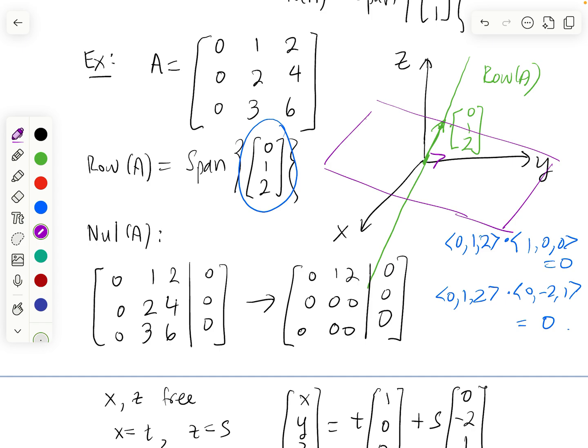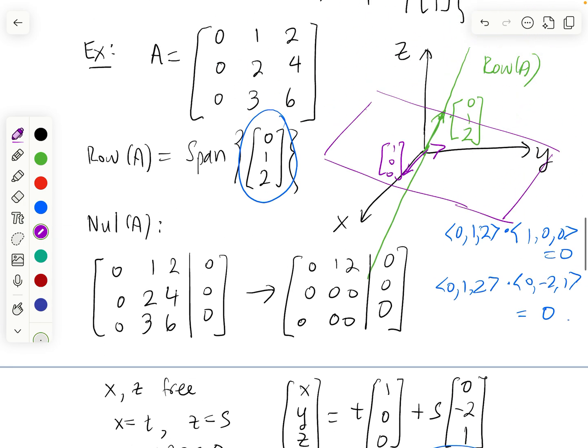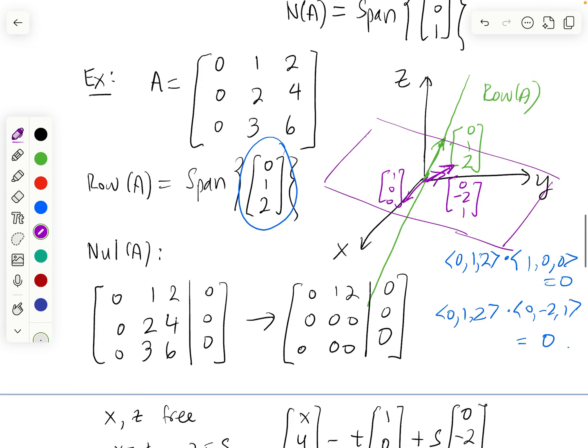Your vectors (1, 0, 0) and (0, negative 2, 1) are going to be on this plane that's orthogonal to this line. Maybe this isn't the most accurate picture, but this vector (0, 1, 2) is supposed to make a 90-degree angle with the vectors on the plane.